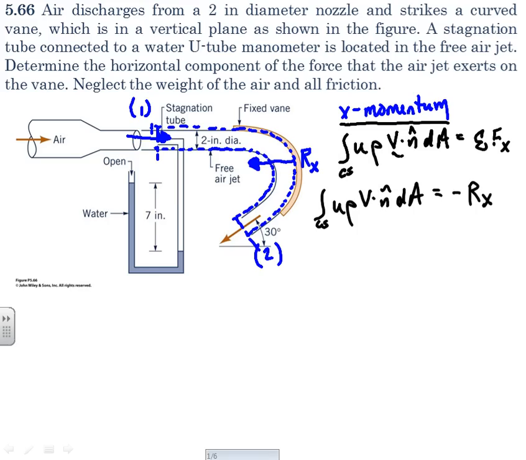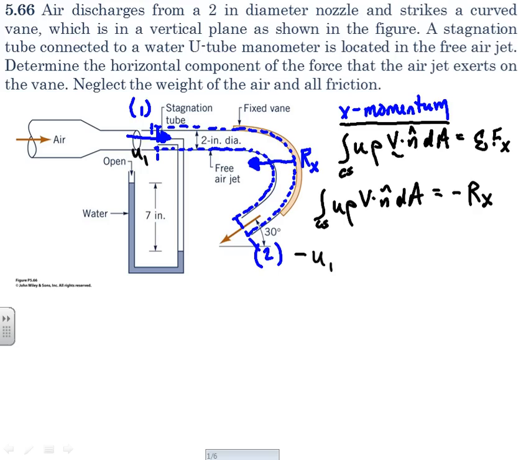Okay. This integral, our velocity vector is always perpendicular to our exit area. Therefore, that integral is going to simplify, and will just be the momentum coming in is negative, so we have a minus, and the flow coming in, this will be u1 here.